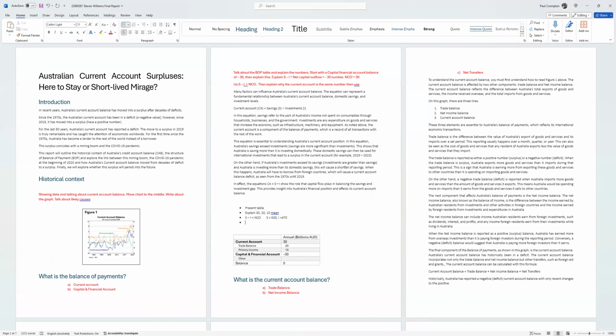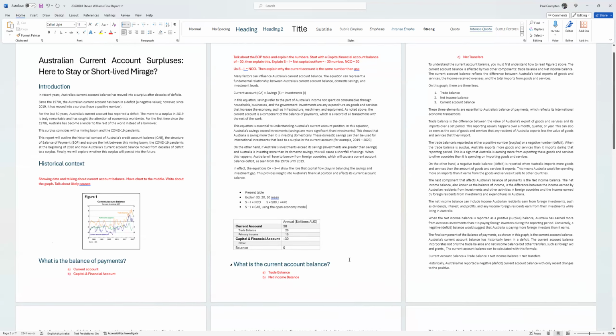Then in the next section, explain why S minus I equals the current account balance using the open economy model.